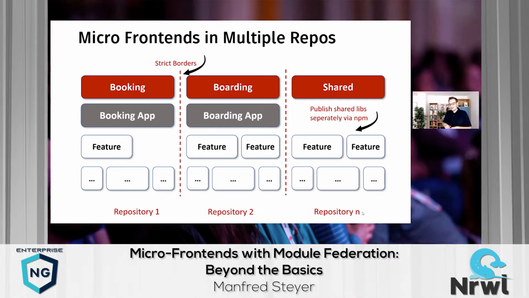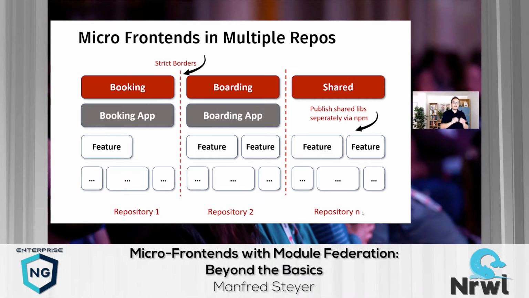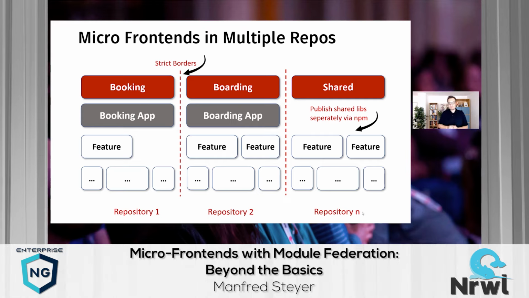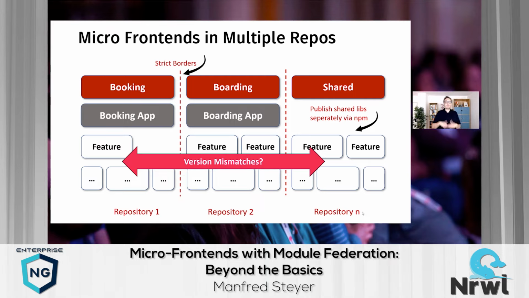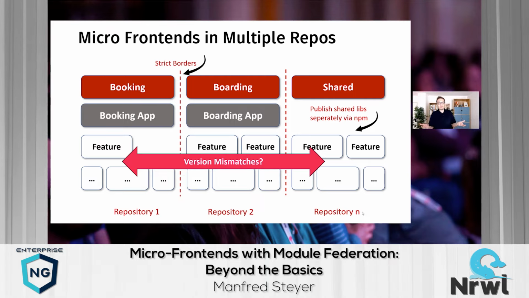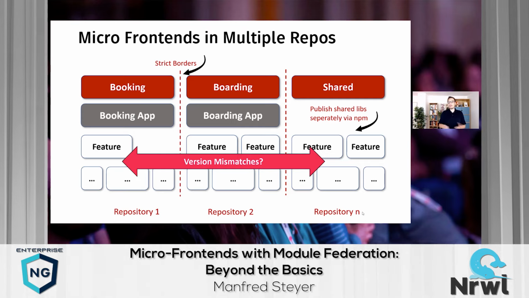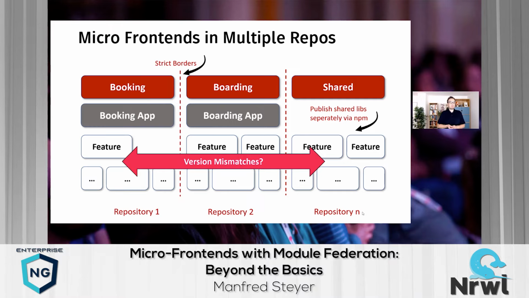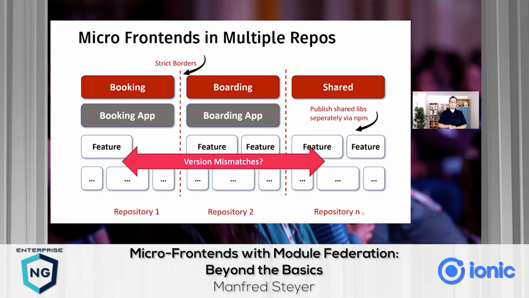So as you see here, sharing libraries for project internal purposes via NPM is everything but easy. Also, as mentioned before, you might use different versions everywhere because you have the highest amount of freedom, but this also means you can end up with version mismatches. Angular 11 here, Angular 13 there, what do we use at runtime?